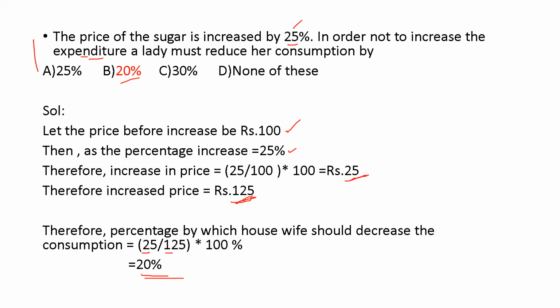The price has increased by 25%, but she doesn't want to increase the expenditure, so she has to decrease the sugar consumption. 125 is the price after increment, and 25 is the increase, so 25 by 125 into 100.